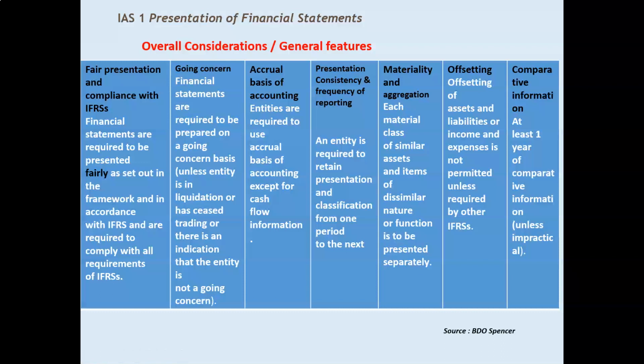Now, why? Guys, because so that all these users of financial statements can see exactly what is your asset and liability situation, what is your cash flow position, and what is your profit position, all measured in the different financial statements. So at least once a year.